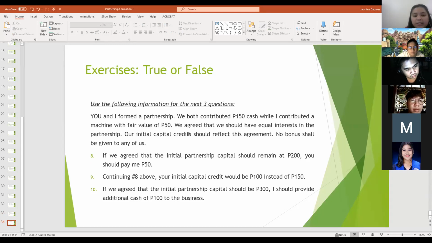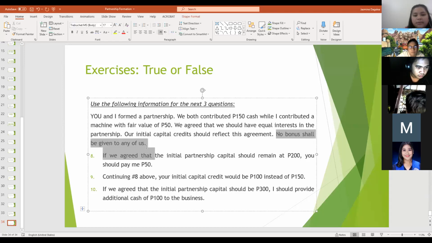Our initial capital credits should reflect this agreement. No bonus shall be given to any of us. Sinabing no bonus, so meaning either additional investment or cash settlements among us. Kasi stated sa problem, given sa problem.